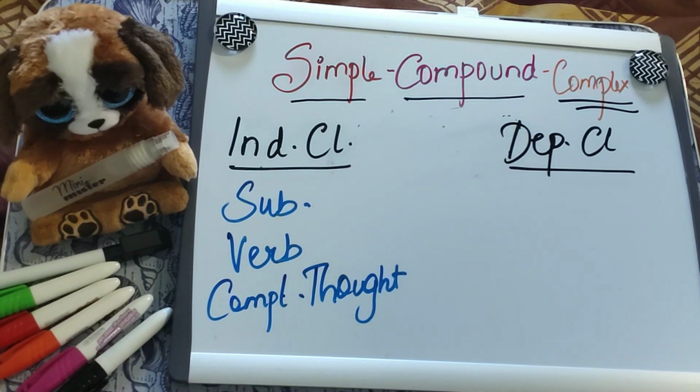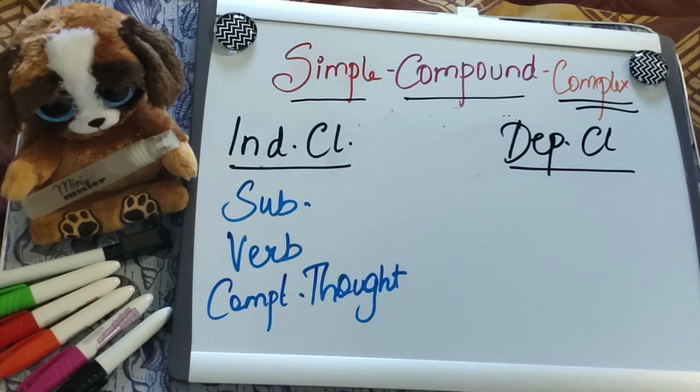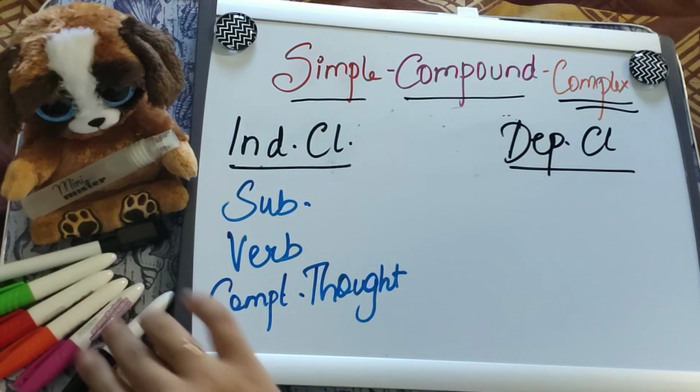If you try to differentiate between independent and dependent clause, the first point you will notice for an independent clause is they are having a subject, a verb, and a complete thought, and that complete thought makes that clause independent, in short.